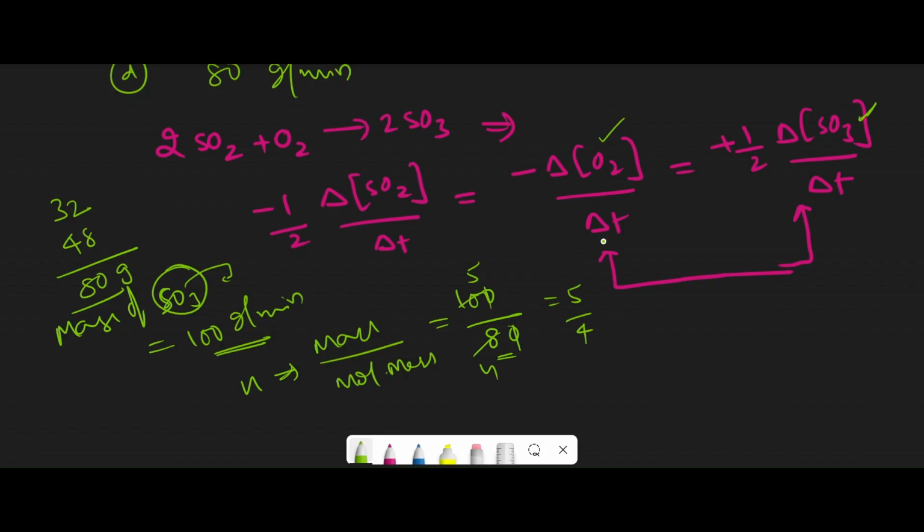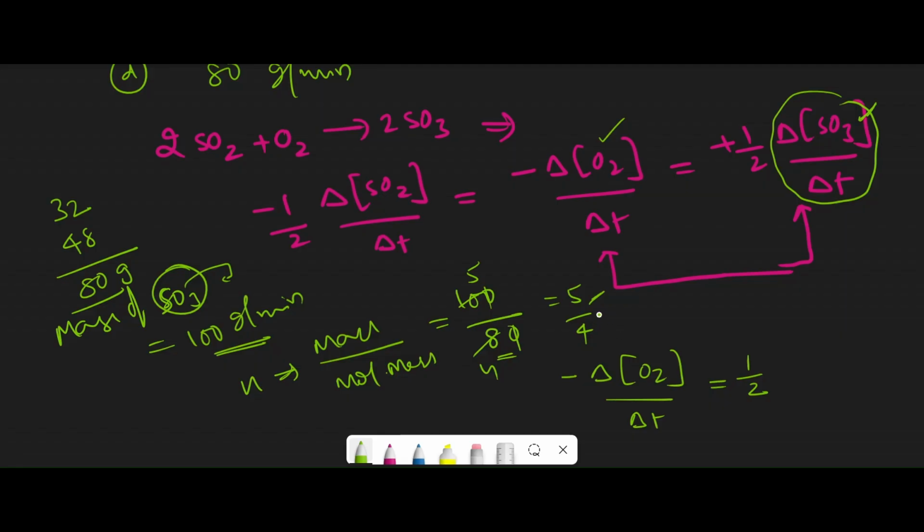Now by equalizing this we have to calculate the disappearance of oxygen, right. Minus delta O2 by delta T equals 1 by 2 into the sulfur trioxide concentration, which we have converted from the mass into number of moles.